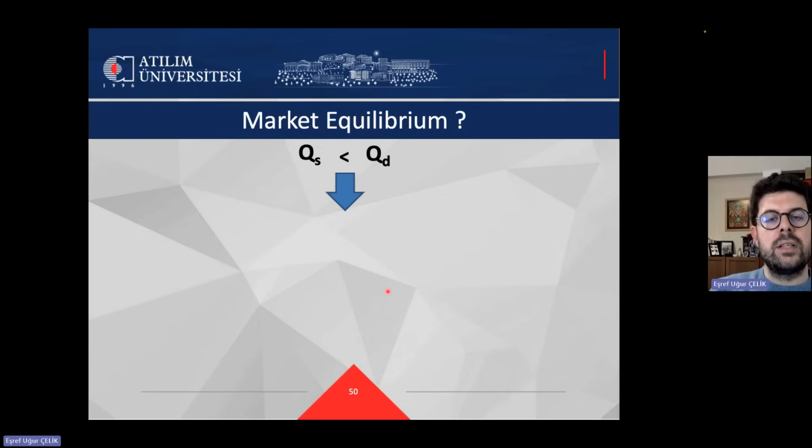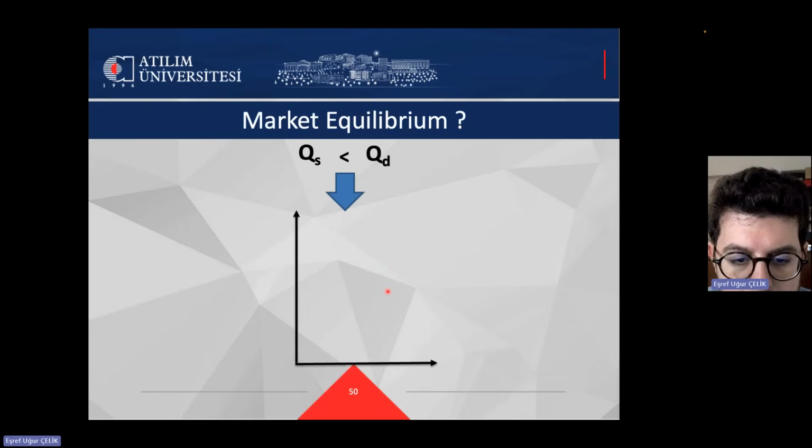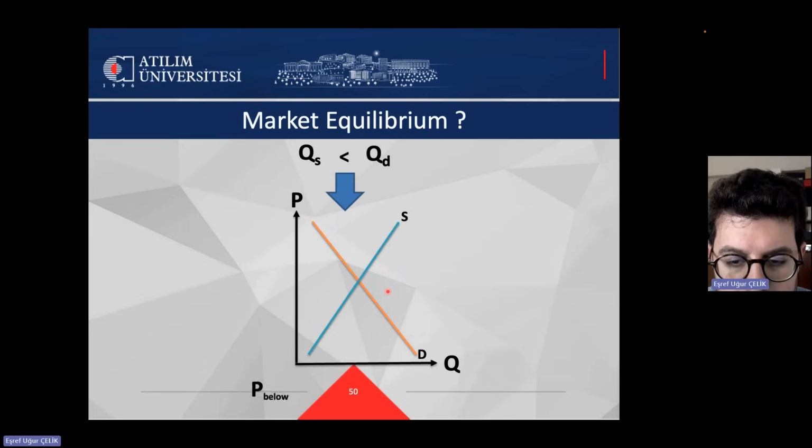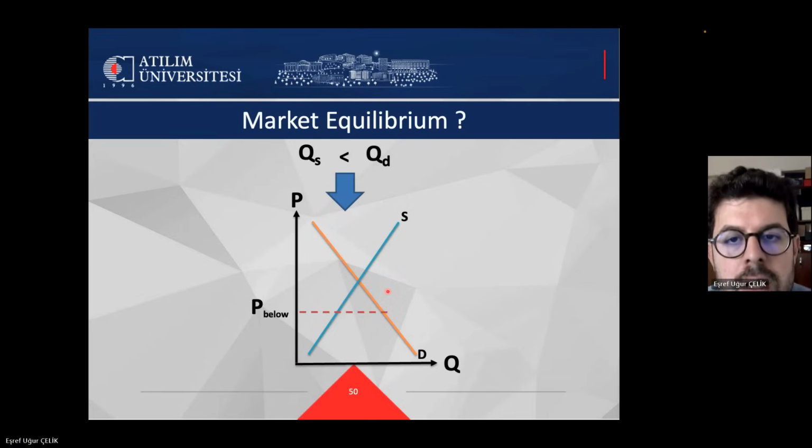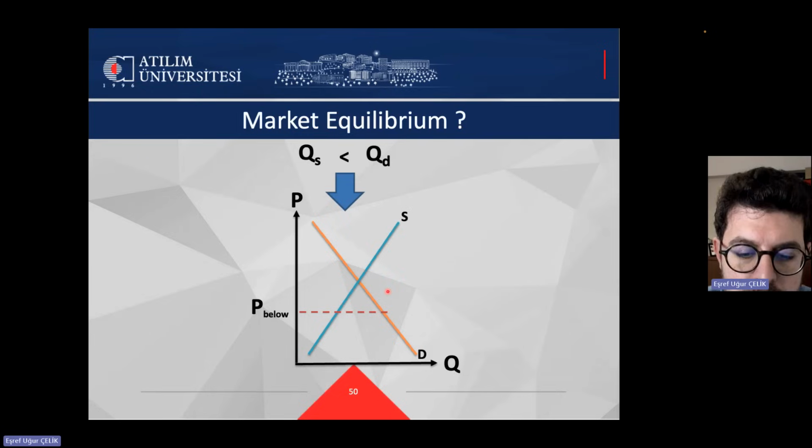But that equality cannot always occur. Sometimes quantity demanded is greater than quantity supplied, or the other way, quantity supplied is greater than quantity demanded. Let's assume that the authority or the government determines the price below the equilibrium price.